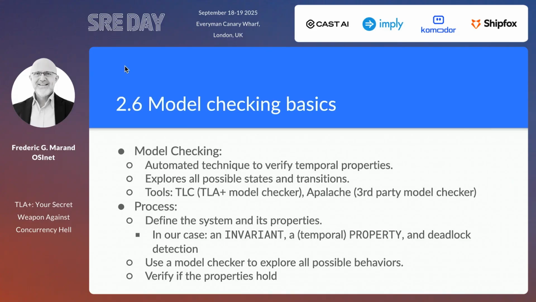You have mostly two model checkers available, TLC, which is provided with TLA Plus, and some other third-party ones. The idea is that the model will have some invariants, some properties which will always be true, and the model will go through all the states, exhaustively, and verify that they always hold. And if they don't, you will have found an error.